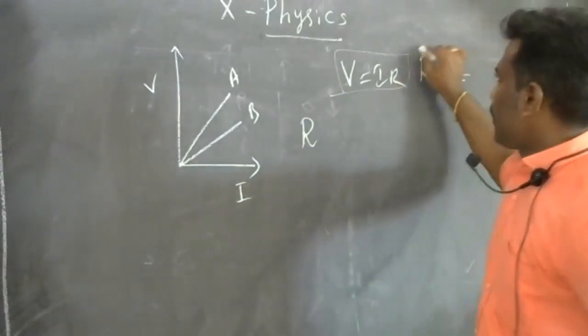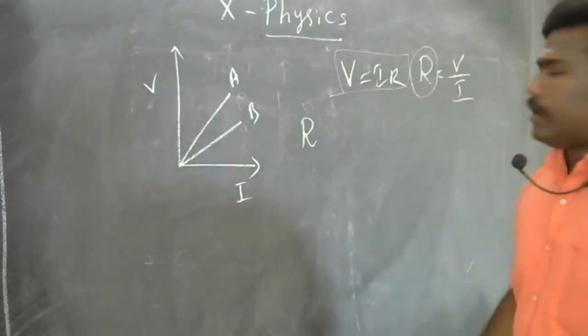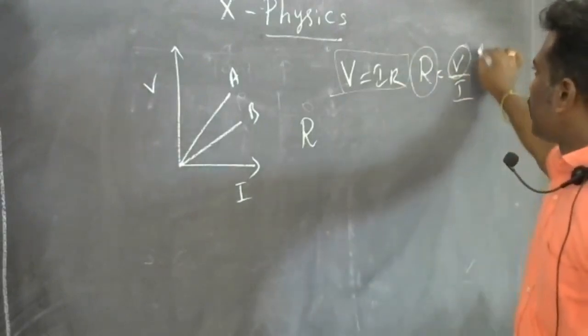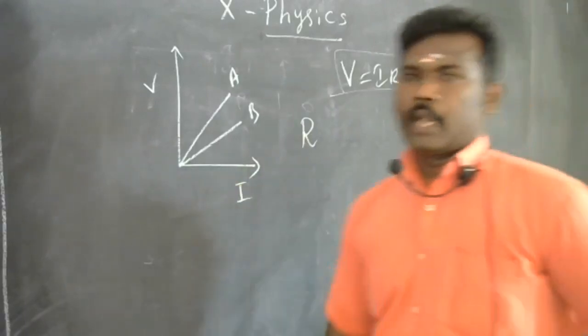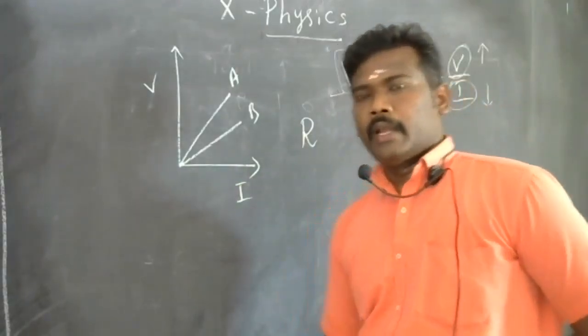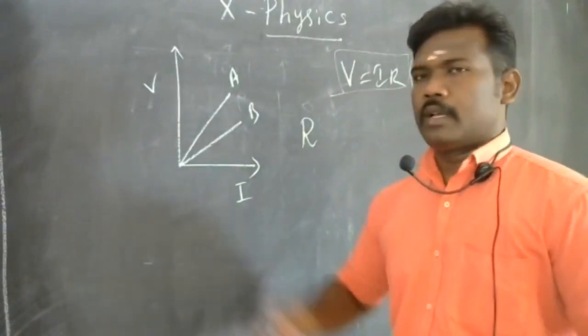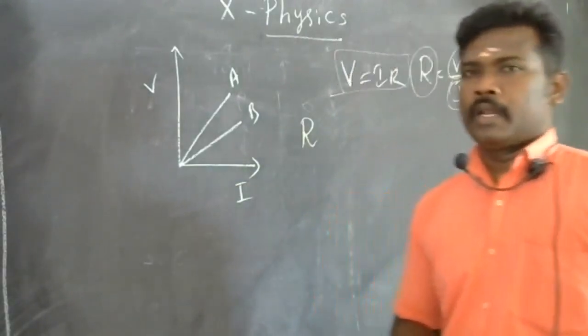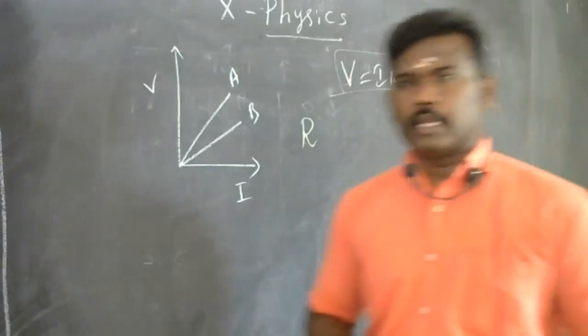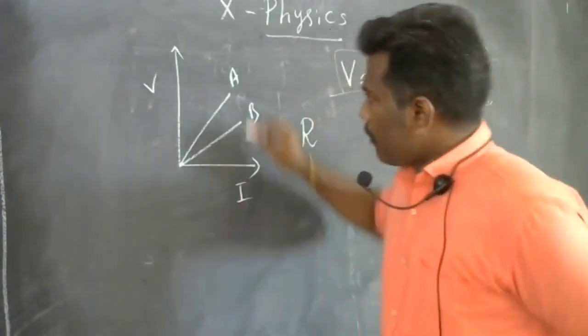If we need a higher value of R, definitely the V value is high and the I value is low. So using this graph, first of all, you identify which curve has the higher potential difference and lesser electric current. So compare these two.